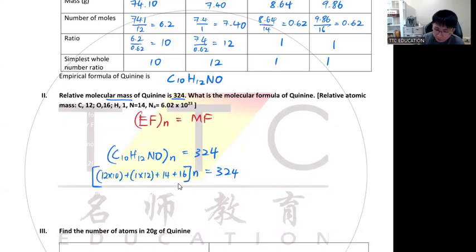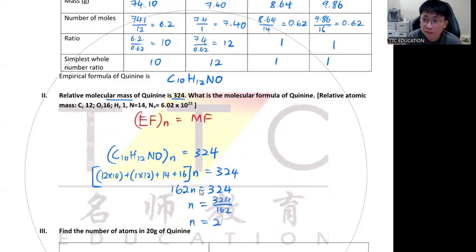Guys, I used my quick maths brain, even though it's rusted a bit. I hope it's correct. Is it 162n equals 324? Yes. So technically you can throw the 162 over: 324 divided by 162, you get 2.